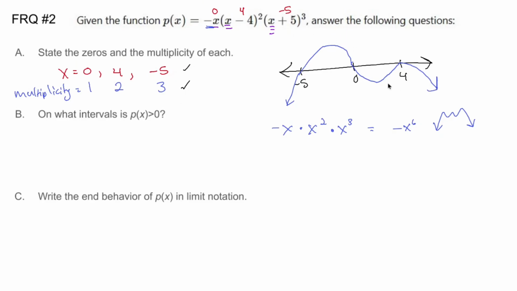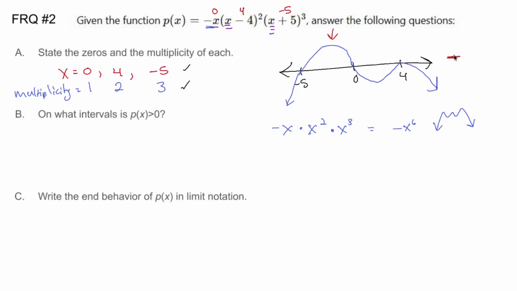Now, somewhere up here or down here, we have more bumps, but that's not my concern right now. If you want me to put a bump there, go ahead. That's not my concern. My concern is where is this positive? And it's positive at one spot, and it's that interval right there, from negative 5 to 0. Now, do we include negative 5 and 0? No, because we only want it to be greater than 0 and not greater than or equal to.